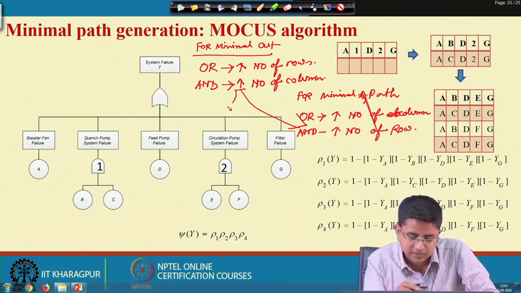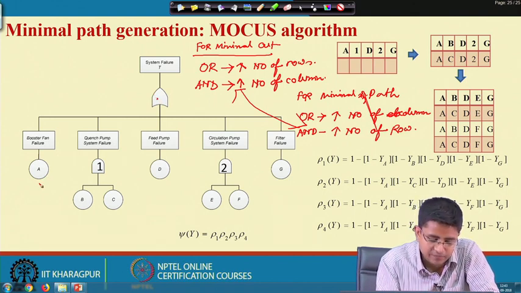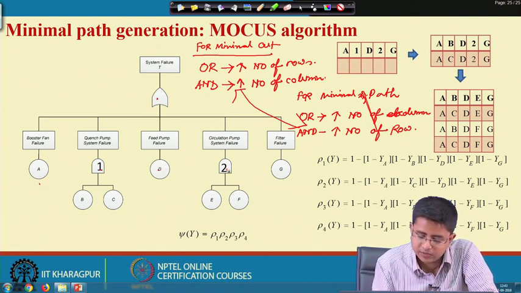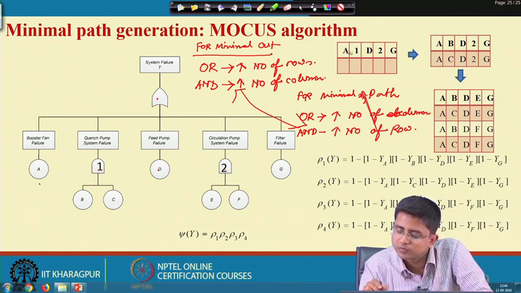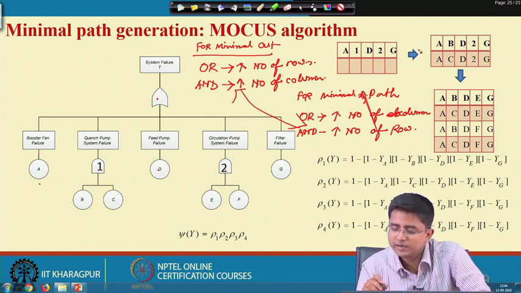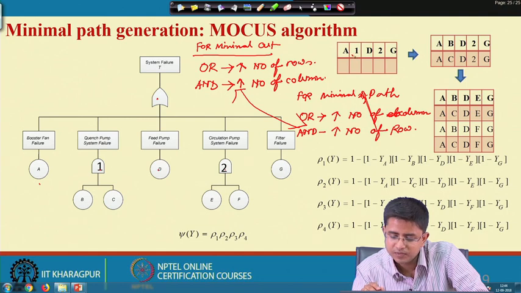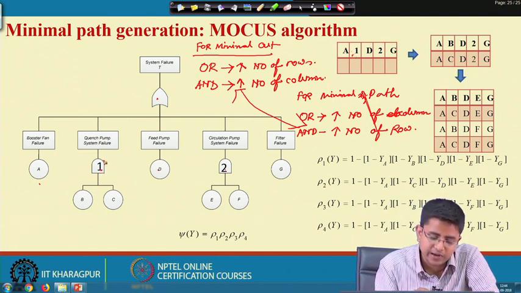So, as it is an OR gate and the inputs are A, this is 1, this is D, this is 2, and G, we will write in this manner. So, we have increased the number of columns. Again, now this is 1 and 1 is nothing but an AND gate.